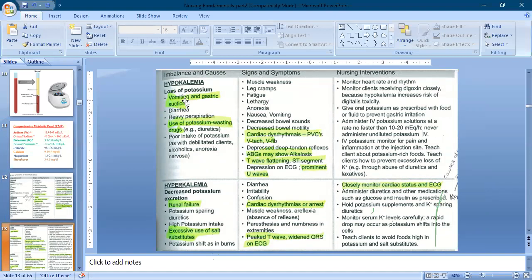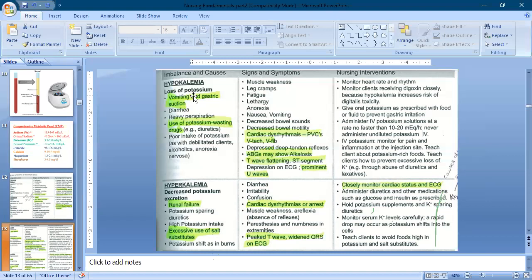So what are the major causes of hypokalemia? Like sodium, GIT loss, gastrointestinal fluid loss like vomiting, diarrhea, or diuretics, too much urine output, or sweating, skin loss.